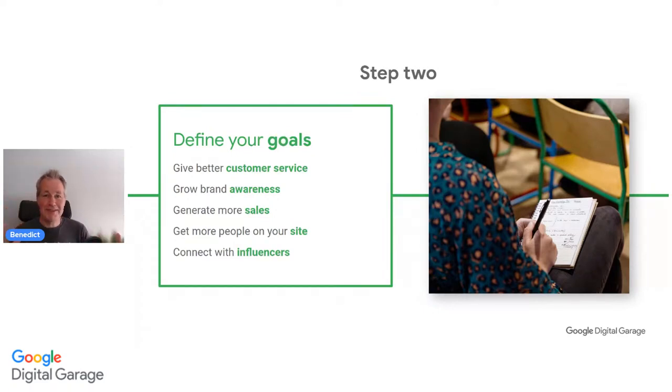And then social goals for social media: how you're attracting people, how you're communicating with them, and how you're going to use your channels as a tool for building rapport, networking with influencers, and finding brand advocates. So give better customer service and define your particular goals: growing brand awareness, generating more sales, getting more people on your site, or connecting with influencers. Those are some of the different things.